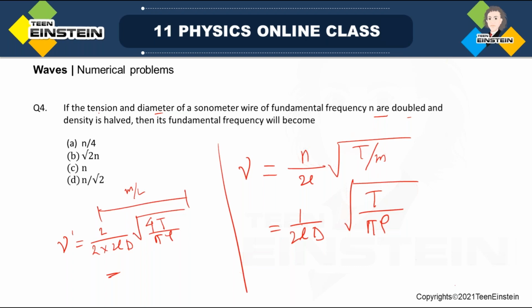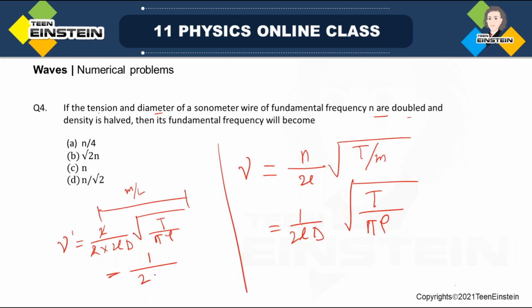From here actually one 2 will come, which is actually written already over here, so that's why this two gets cancelled.